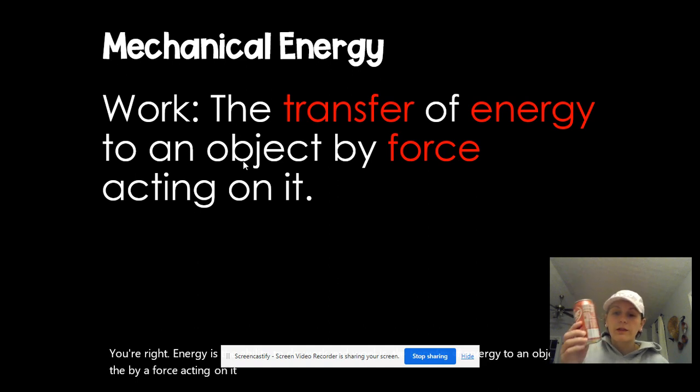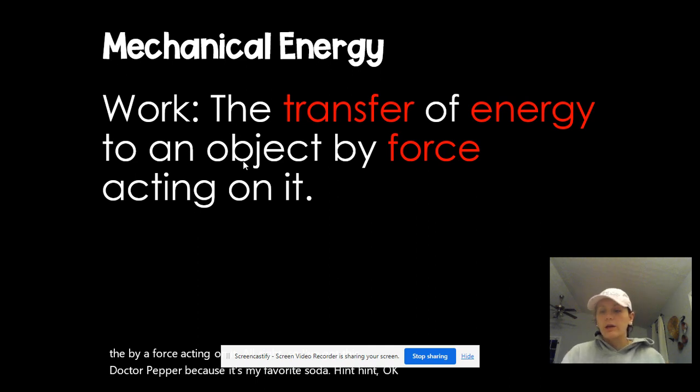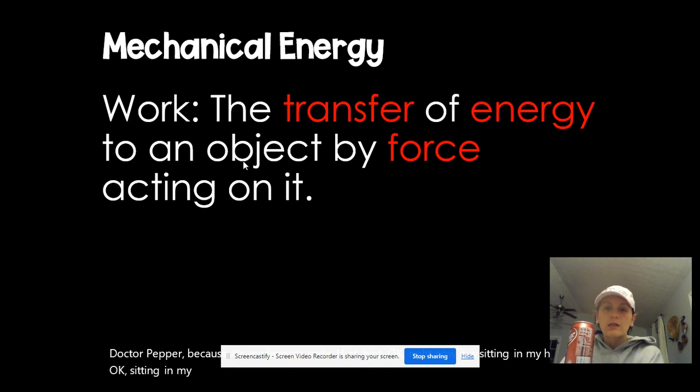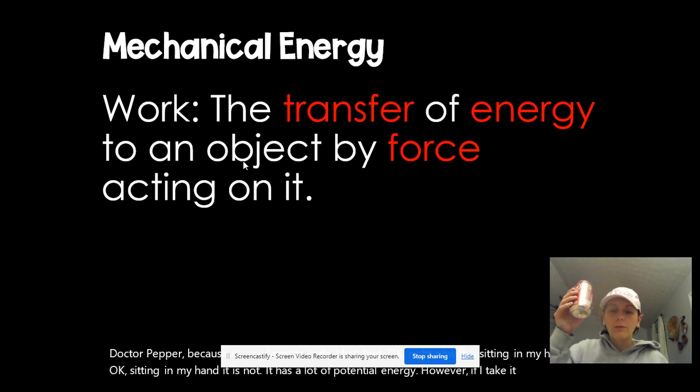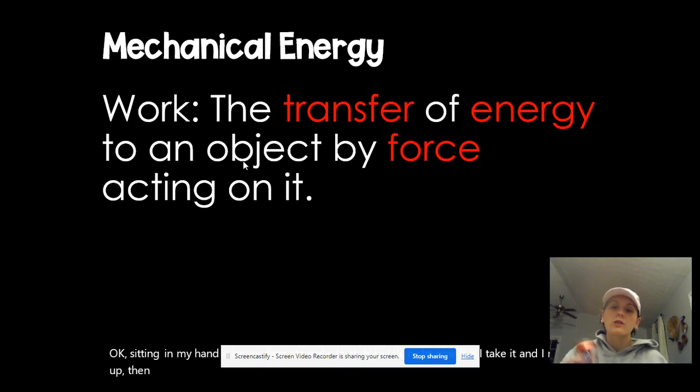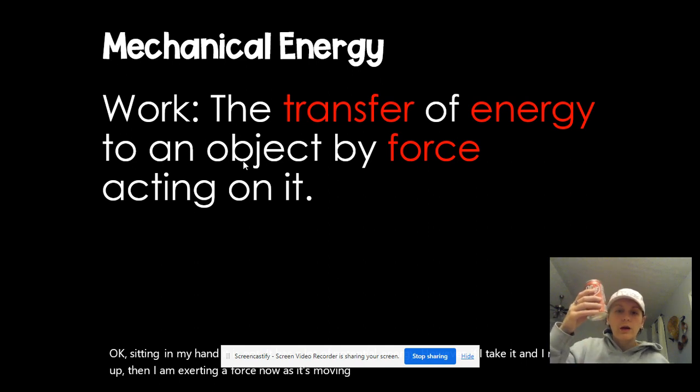I've got this Dr Pepper because it's my favorite soda. Hint, hint. Right now, it is sitting in my hand. It has a lot of potential energy. However, if I take it and move it up, then I am exerting a force. As it's moving up, I am doing work on the object.